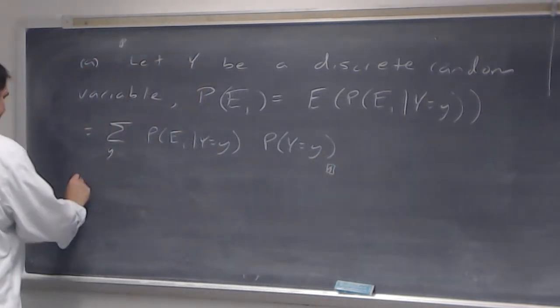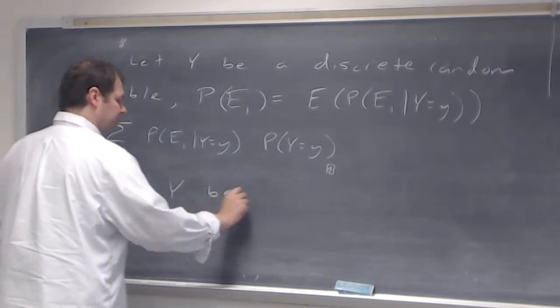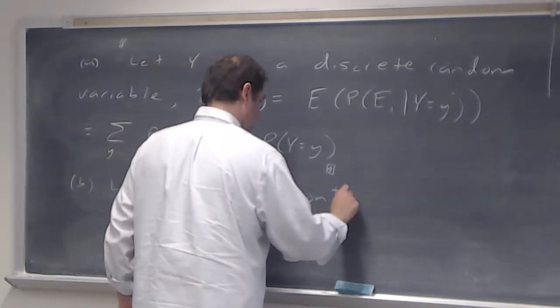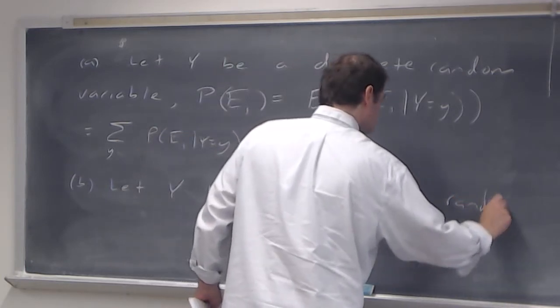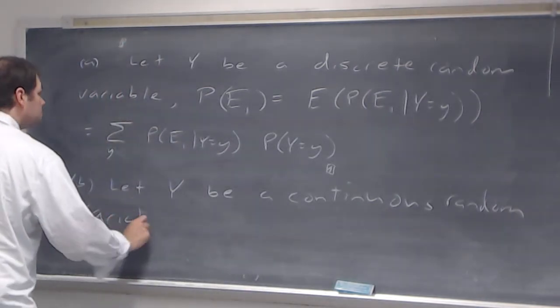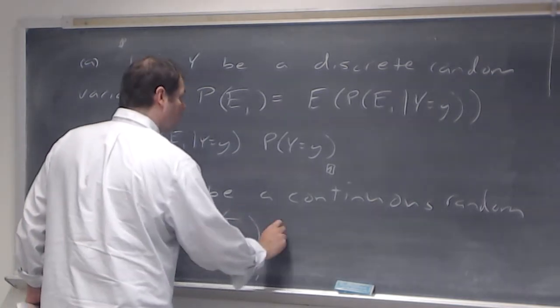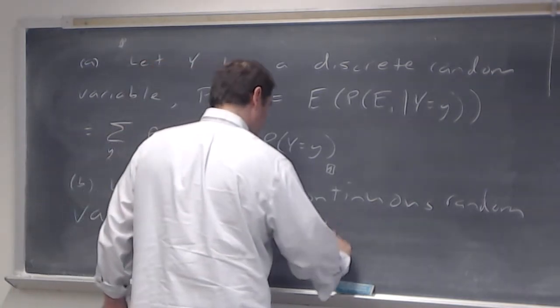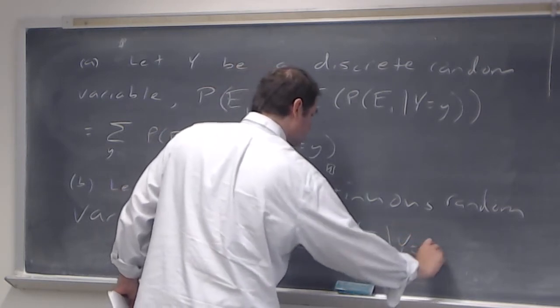And for part B, if we let Y be a continuous random variable, the probability of E sub 1 will be equal to the expected value of the probability of E sub 1 given Y equals y.